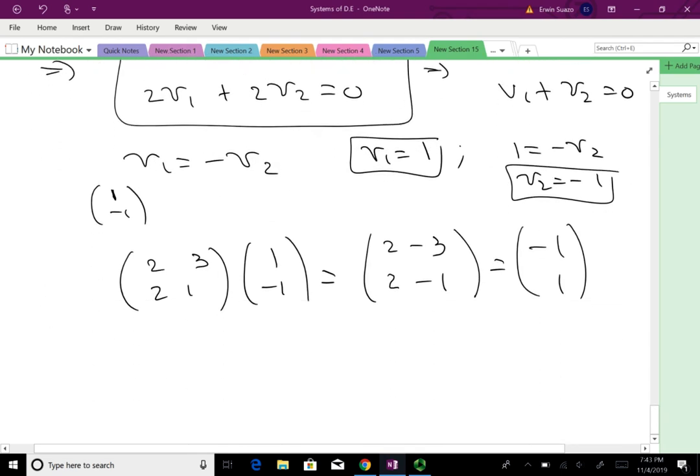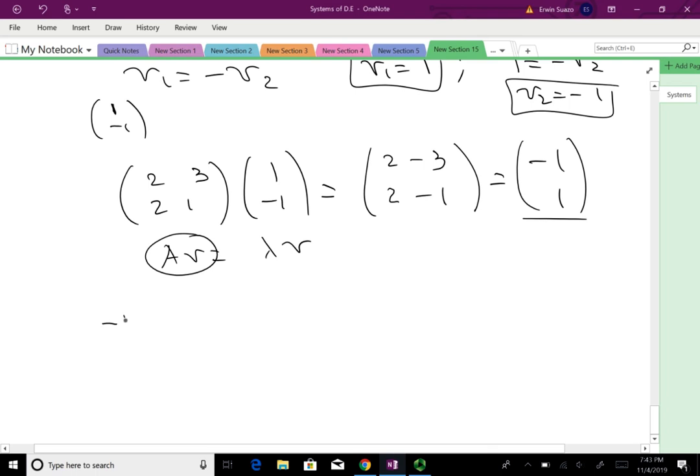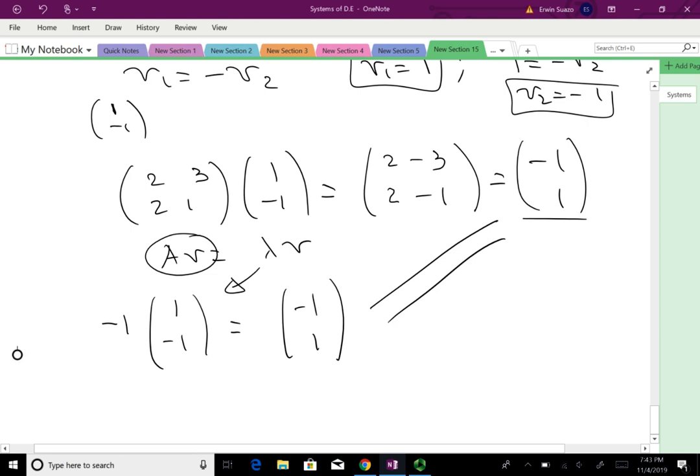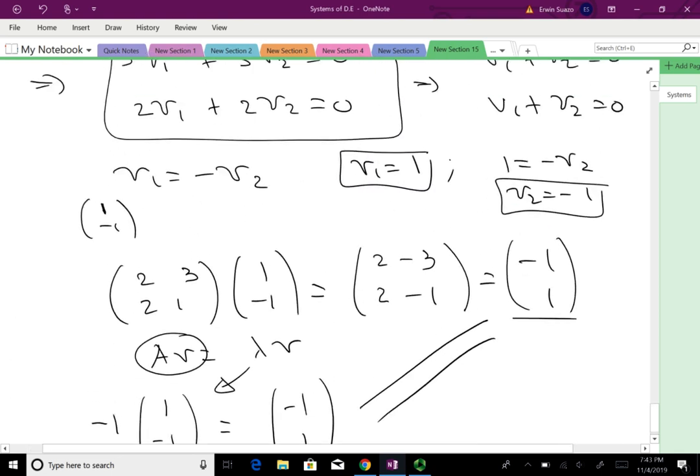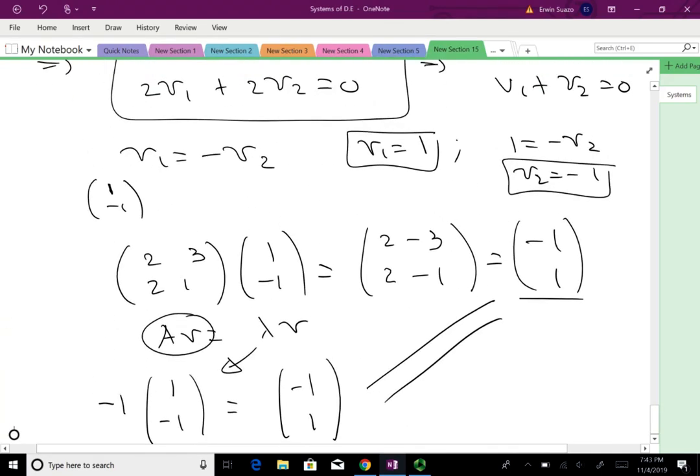What I want to check is AB equals lambda B. AB gives me minus 1, 1. Lambda B is minus 1 times my eigenvector, 1, minus 1, and I get minus 1, 1. There you go, check. That's correct. So 1, minus 1 is my answer.